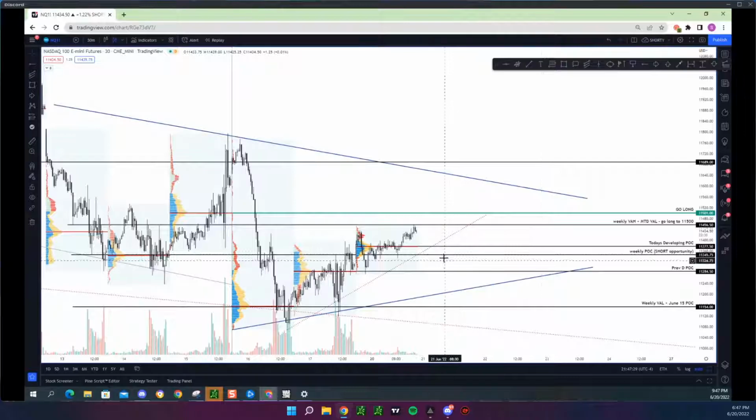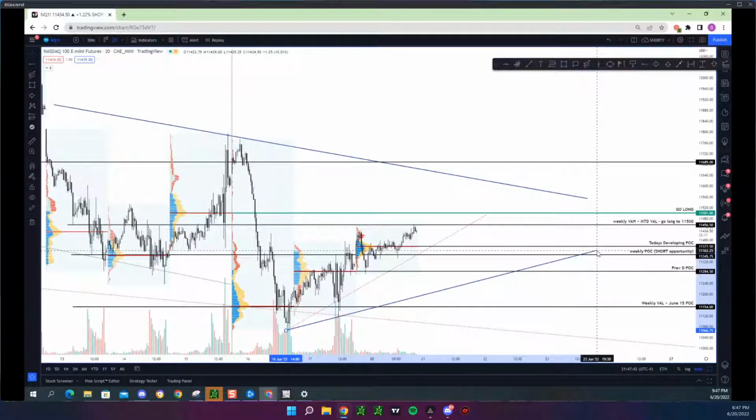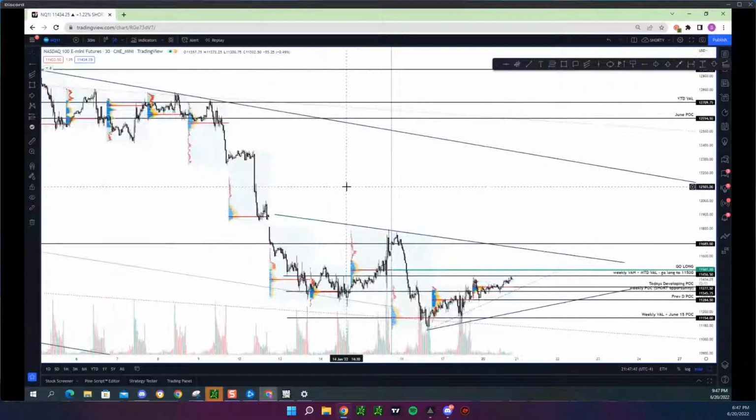And I would definitely short below that, and then this would be your exit here. Okay, so that's it. Any questions on this?